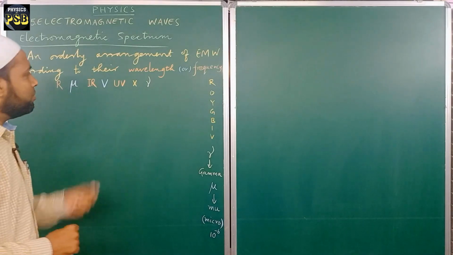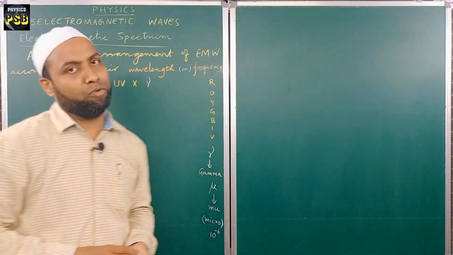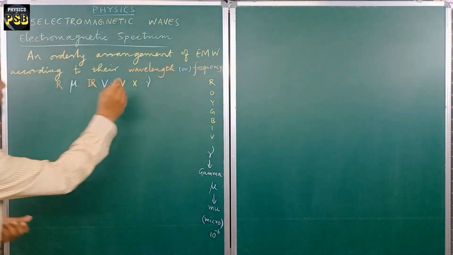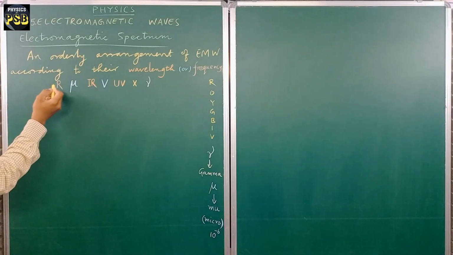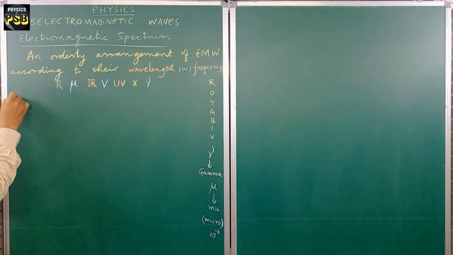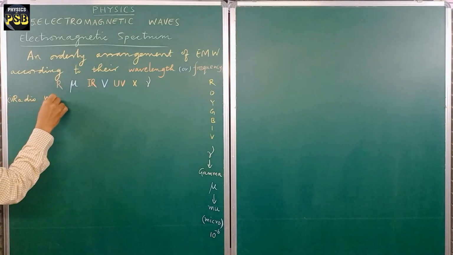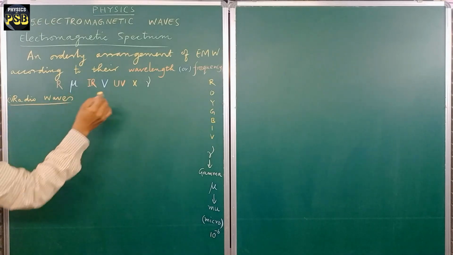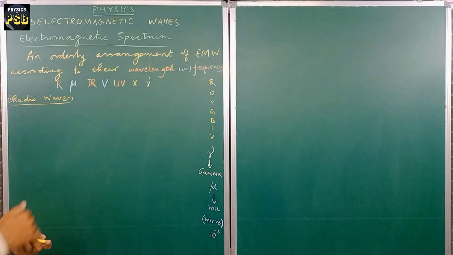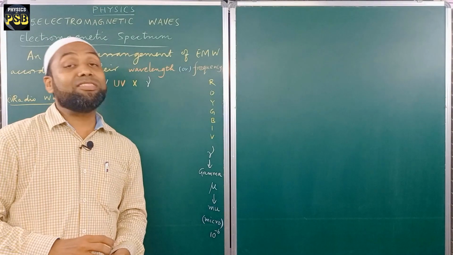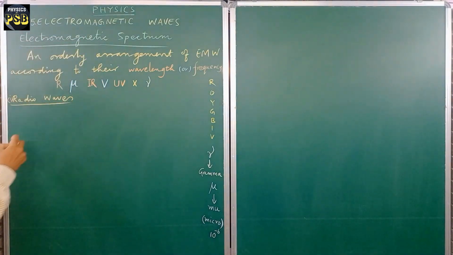Now I am going to discuss these waves one by one. First I'll start with radio waves. In each case, first I will start with the source. What is the source of radio waves?